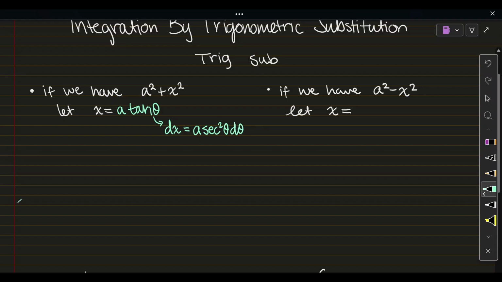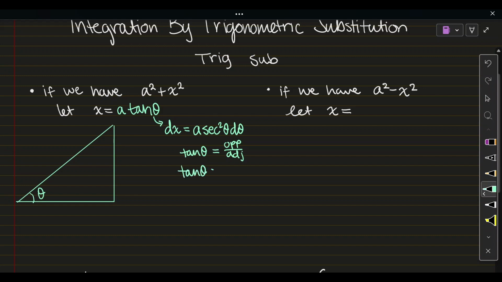But what is important here is that if x is equal to a tan theta, I can draw a right triangle with angle theta. And I remember that tan theta is equal to my opposite side over my adjacent side. And I can solve this equation, x equals a tan theta, to get that tan theta equals x over a.